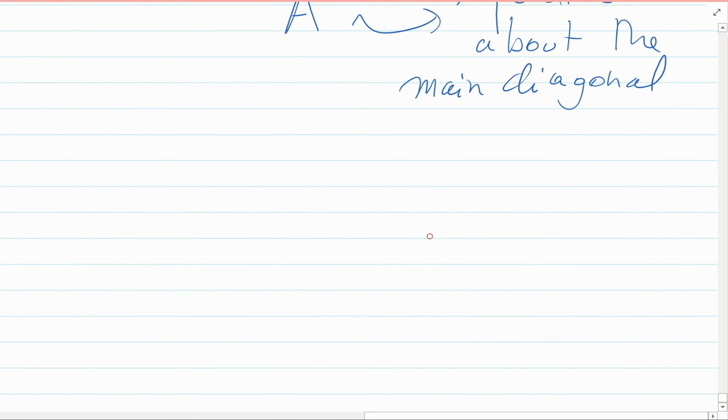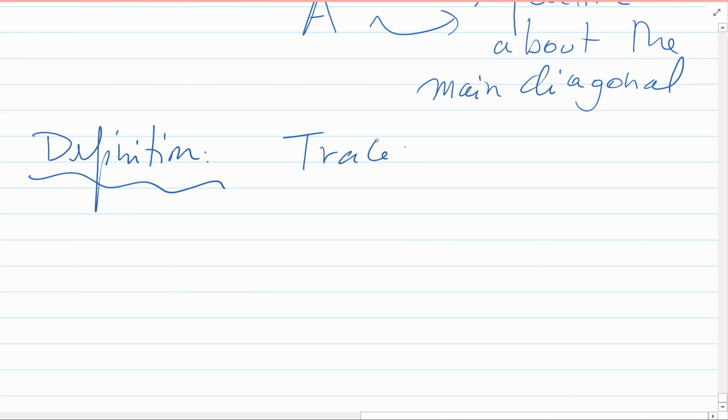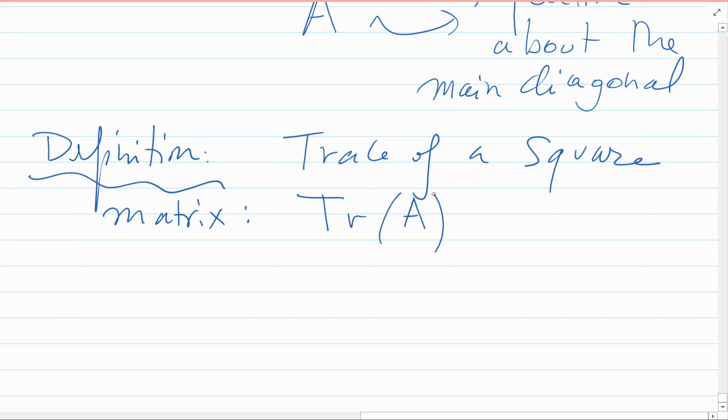Before I let this go, one more definition that would be useful for some properties later on in the course on linear algebra is the concept of the trace of a square matrix. We write tr of A, and keep in mind A is a square matrix. It doesn't make sense to talk about the trace of a non-square matrix.